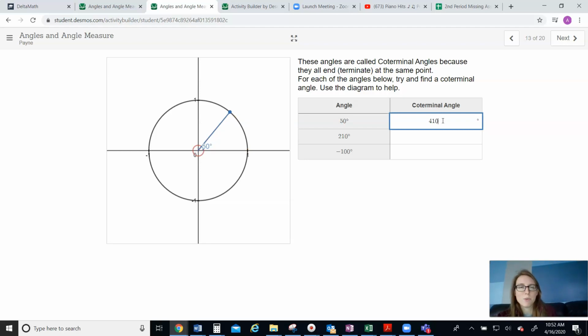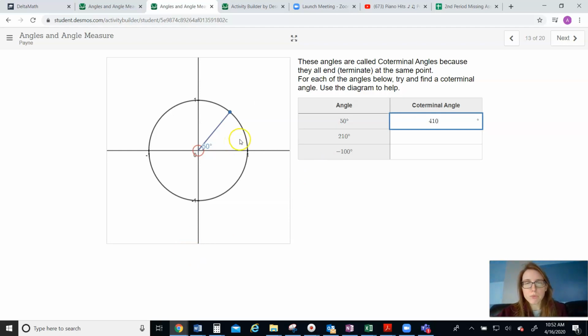Oh, that's beautiful. Okay? So, 410 is landing in exactly the same spot as that 50-degree angle.